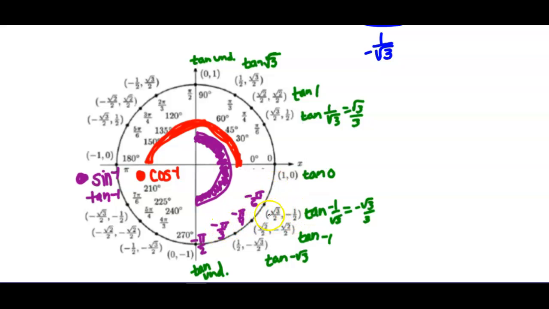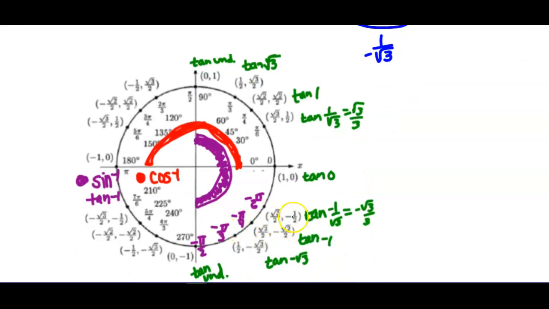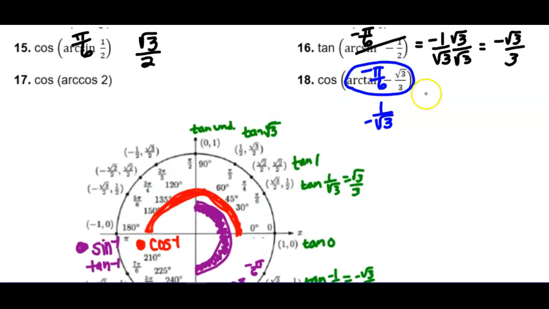There was a y over an x that was a 1 over square root of 3, and that happened right down here at negative pi over 6. But now it wants, what is the cosine there? Well, while we were down at negative pi over 6, the cosine was the x, so it's square root of 3 over 2 is the value they're looking for.